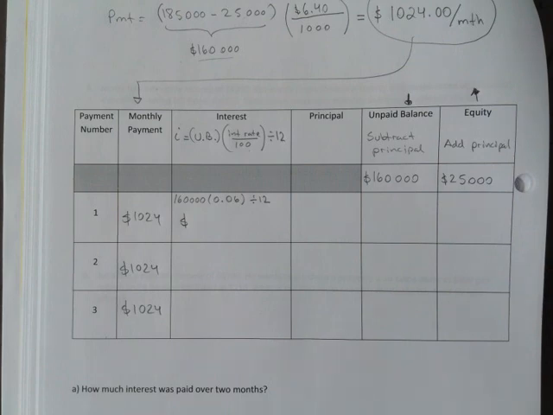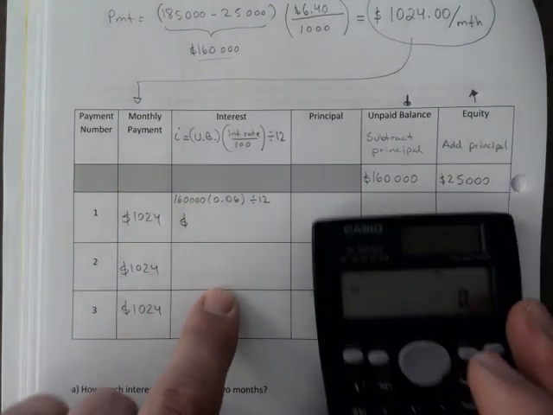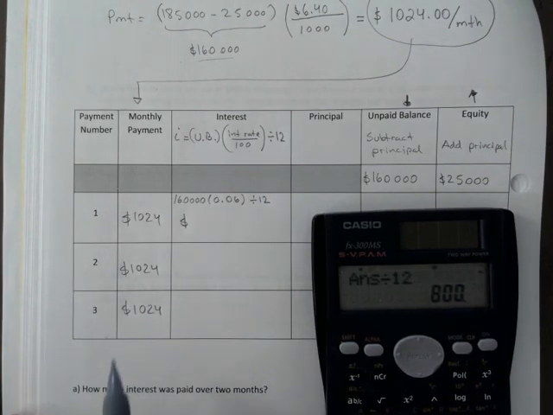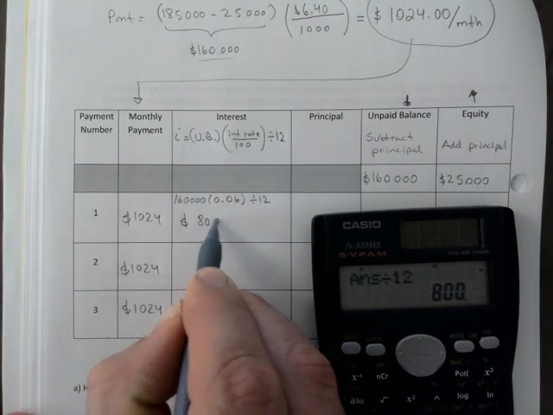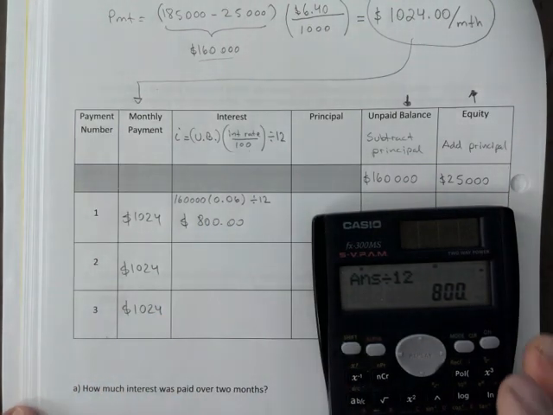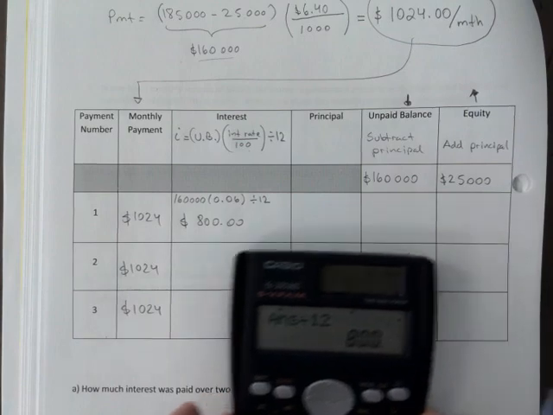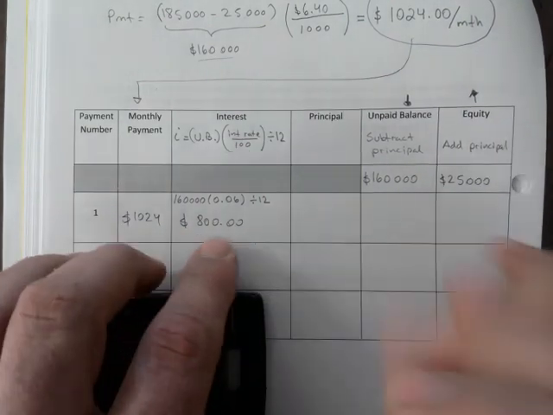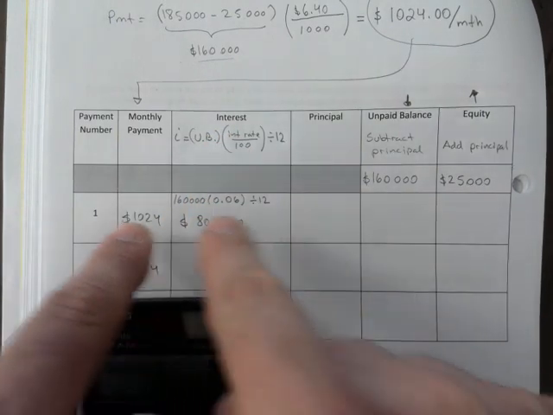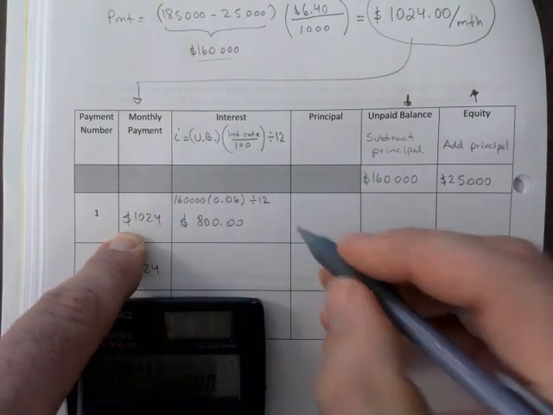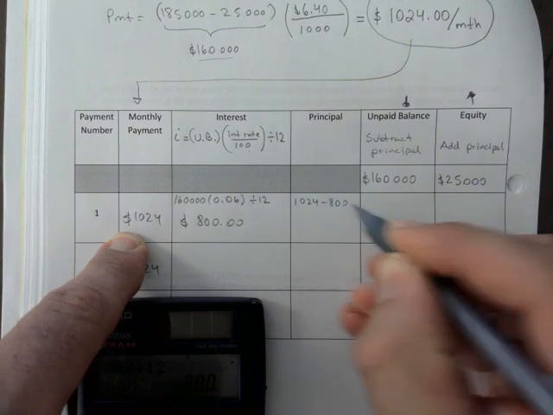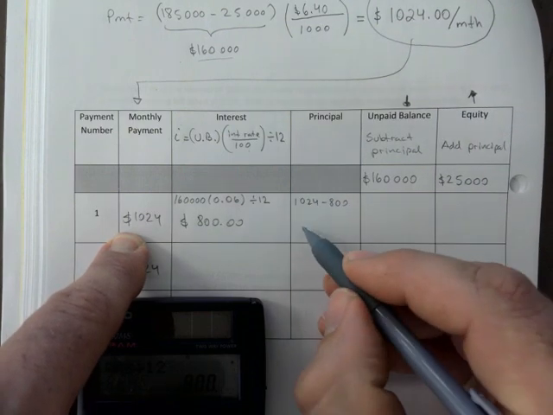You can just go ahead and calculate that, but this is just for you, right? Times 0.06 divided by 12, that's $800. So now this is a chain reaction, right? Basically these two components make up your payment. So to get this, we just go 1,024 minus 800 to give us 224.